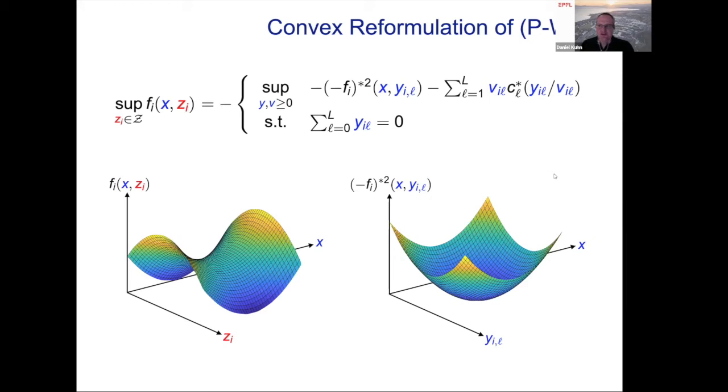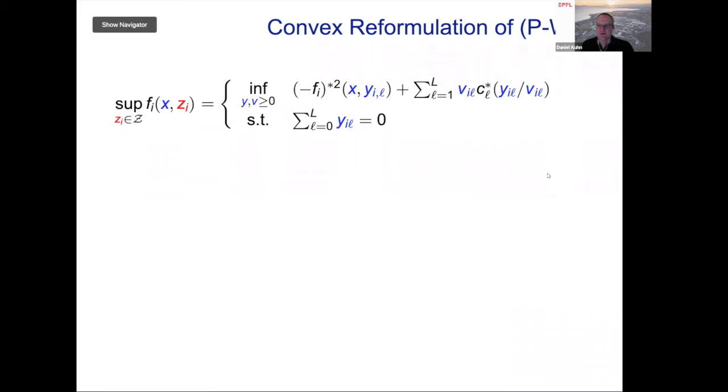Now, as the original constraint function constitutes a saddle function that is convex in x and concave in z_i, one can easily convince oneself that its partial conjugate with respect to z_i is jointly convex in x and the dual variable y_il. So now converting the emerging maximization problem back to a minimization problem by pulling the -1 back into the objective, we then finally obtain the simple convex minimization problem that is shown here.